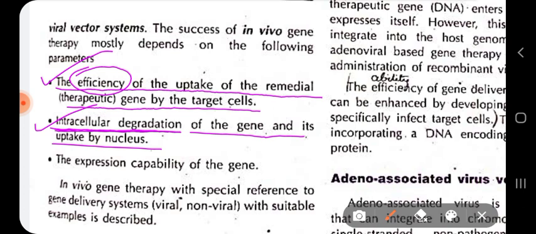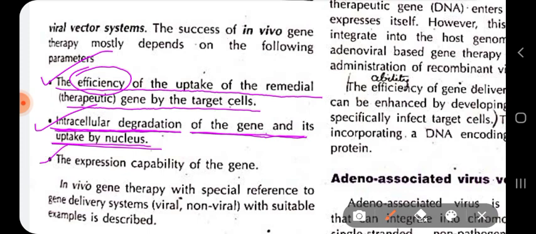Now the main problem is whether the gene is taken up by the nucleus of that cell and properly expressed within the cell, or it is going to be degraded by the target cell's enzymes. So that is the second parameter on which in vivo gene therapy depends.